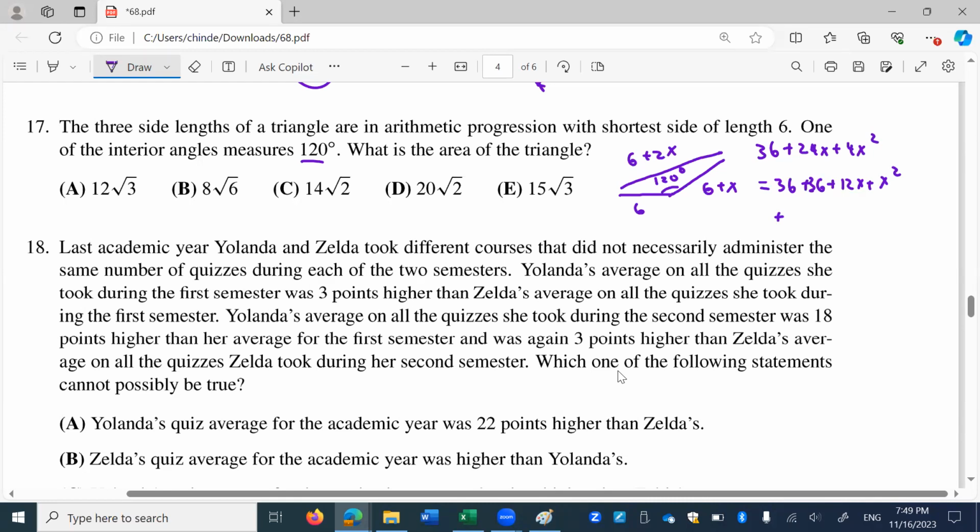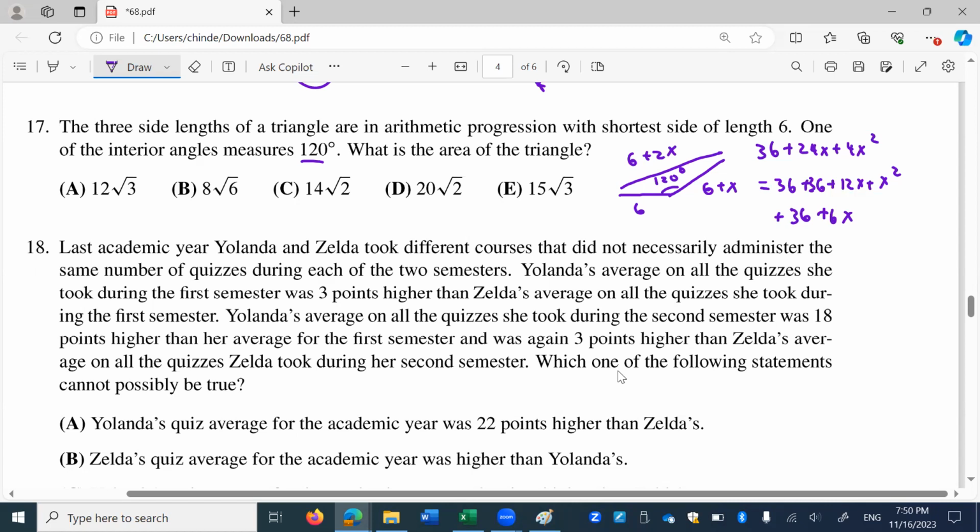But the cosine of 120 degrees is negative 1/2. So that's going to cancel out with the negative 2. So it'll be plus 6 times 6 plus x. Okay. All right, so here's our equation for x.